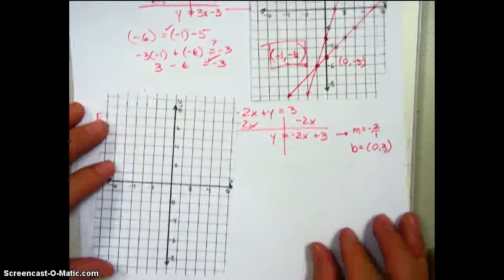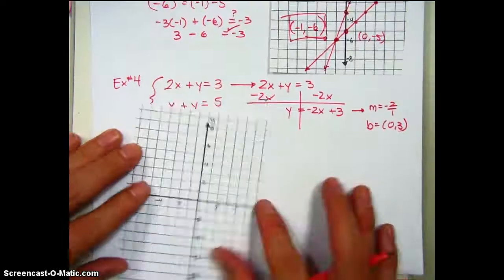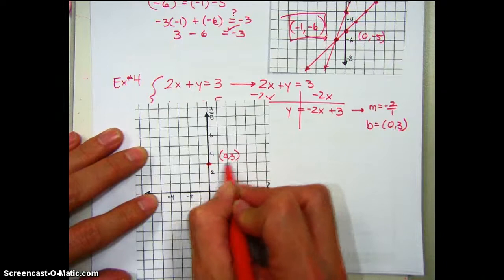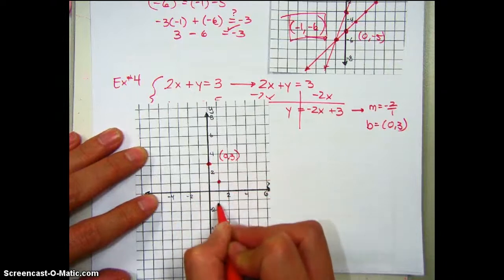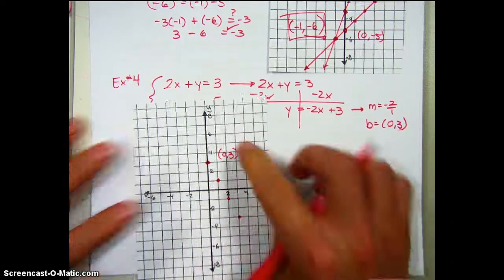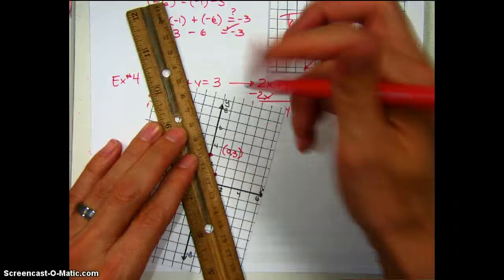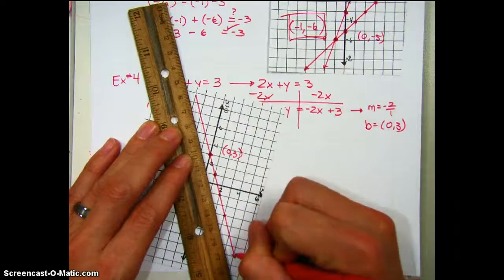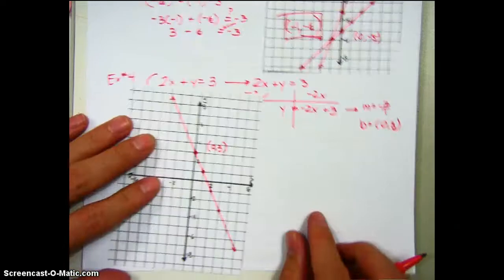So let me start off by graphing that. I'm going to go to (0, 3), that's right here. And then down 2 and over 1 is my slope. Down 2 over 1. All right, so I'm going to plot these points and connect them. Something like that. Okay, that's the first line.